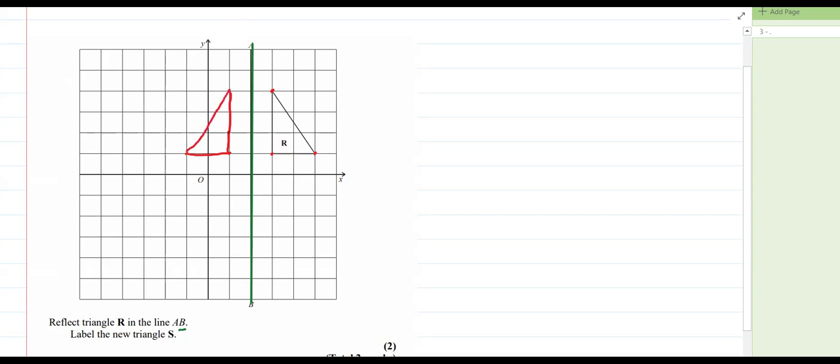So have you noticed, look, the position is different, orientation is different, but the size is same. And the question is saying label the new triangle as S. Okay? In the mirror, always, the objects will appear flipped.